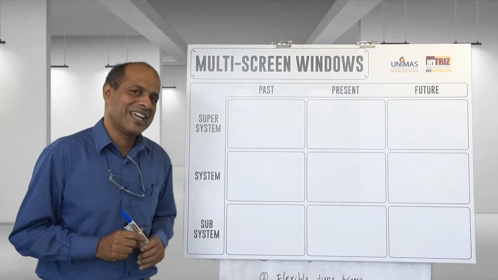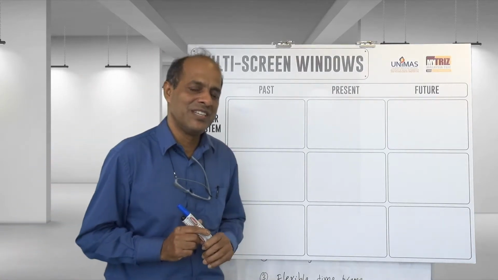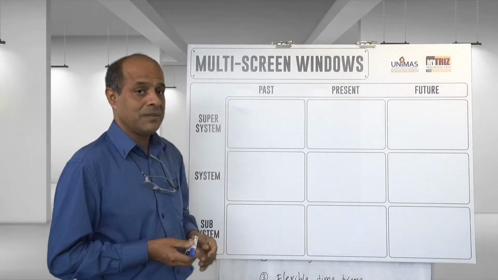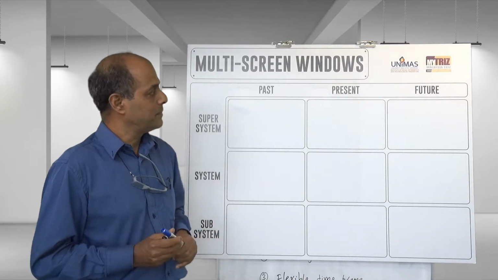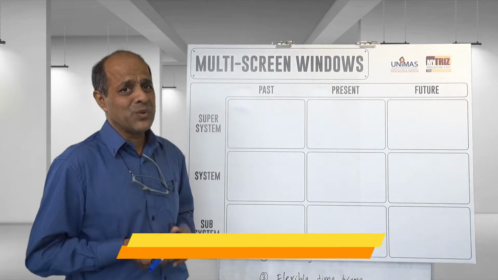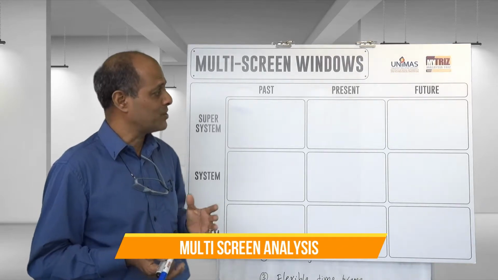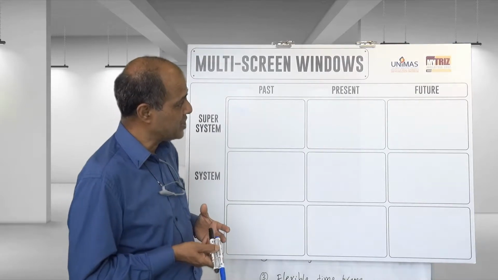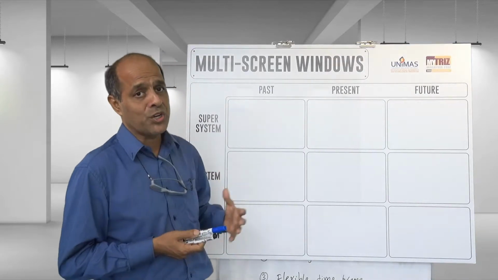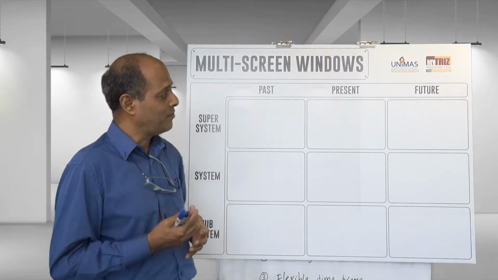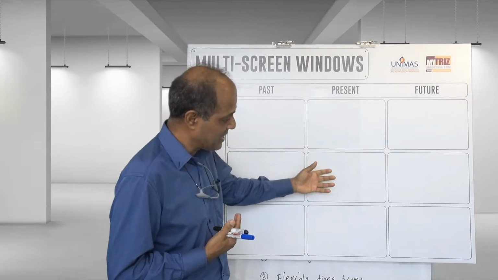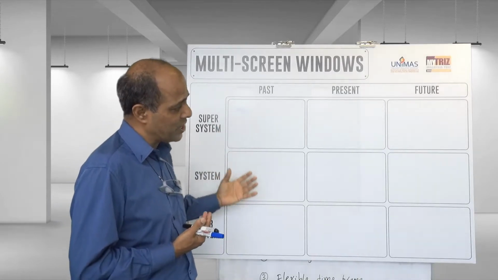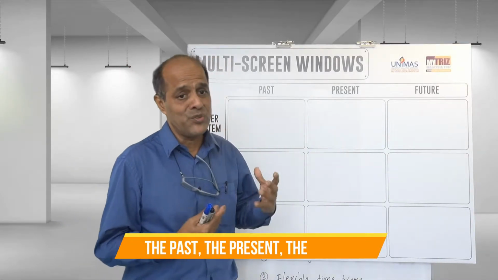Let's now get hands-on practice in making use of multi-screen thinking. It's also referred to as multi-screen analysis because it allows the representation of snapshots of a system. We are looking at the present image of the system alongside the past image and also a projected future image.